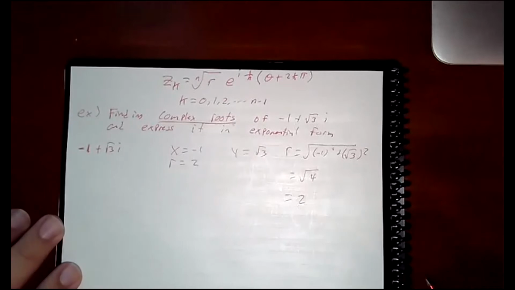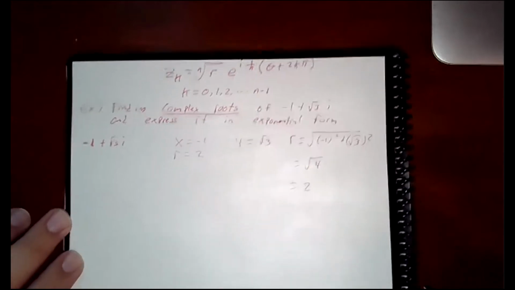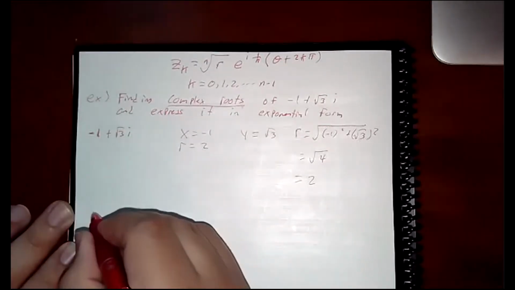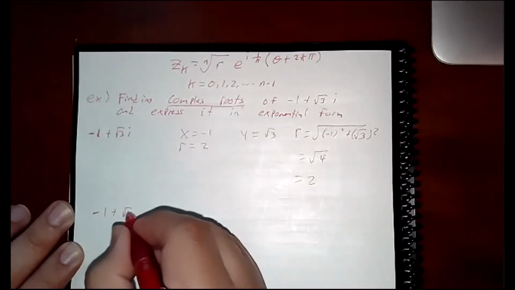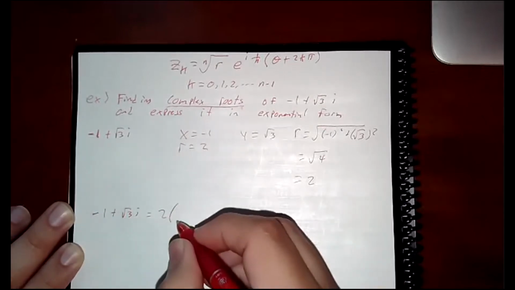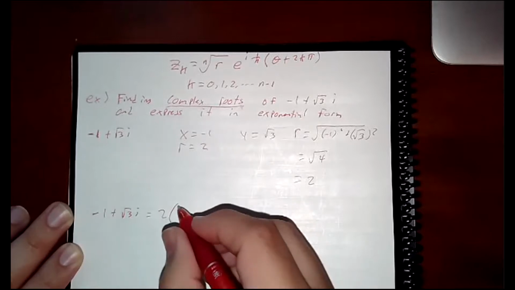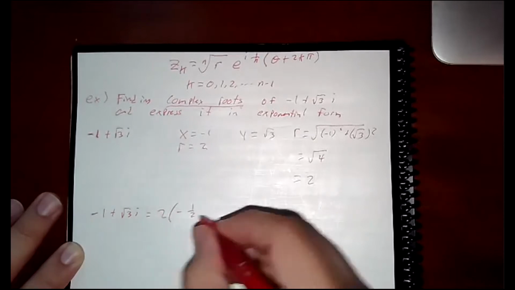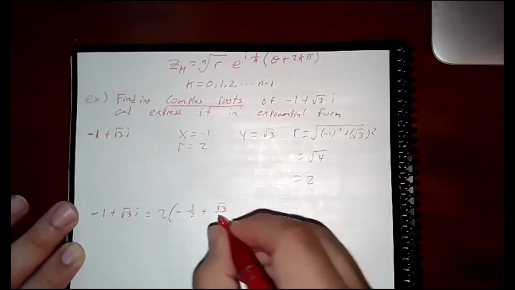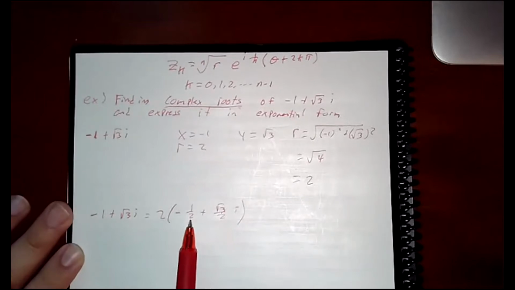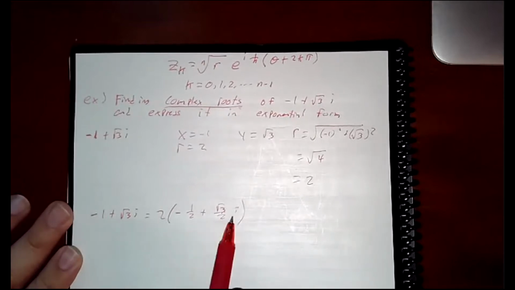So here we go. Negative 1 plus root 3i is equal to 2 times, if I factor a 2 out, negative half plus root 3 over 2 i. Now this angle is going to happen at 2 pi thirds.